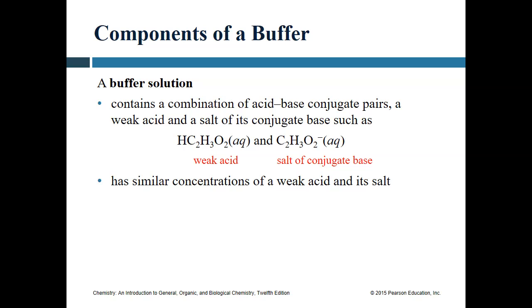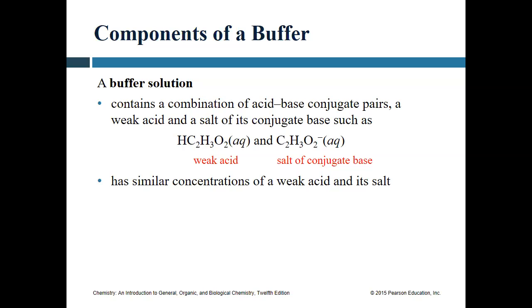Ammonia, NH3, was NH3 on one side, NH4 plus on the other. That is what is called a conjugate acid-base pair. And in order to create a buffer, you need that conjugate acid-base pair. But it can't just be any conjugate acid-base pair. It has to be the conjugate acid-base pair of either a weak acid with its mate or a weak base with its mate.